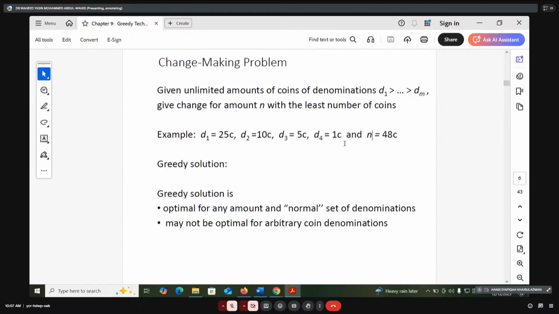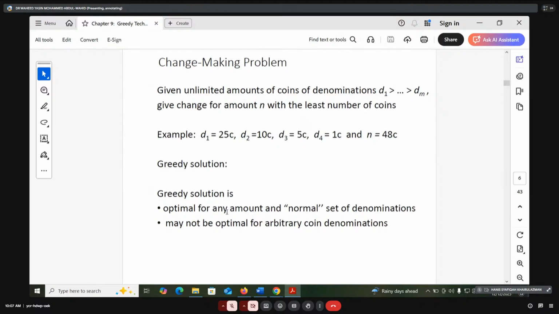So what is the best solution to give you the change with the minimum number of coins? So here, 1 coin of 25, 2 coins of 10, so it will be 45, and 3 coins of 1, it will be 48.